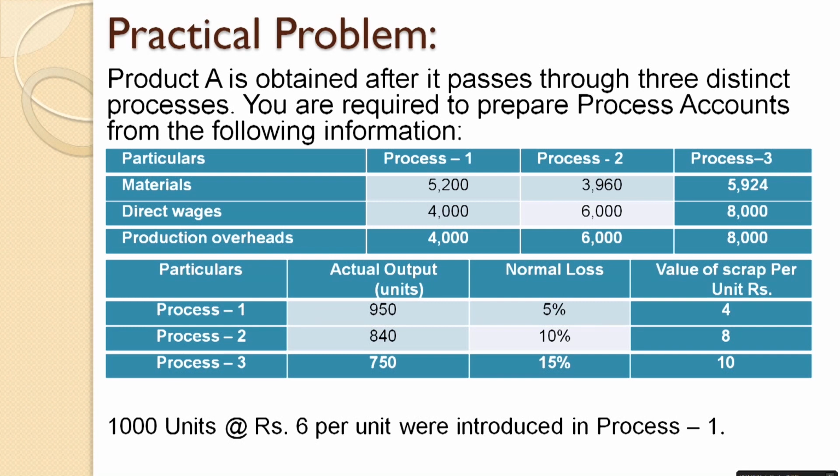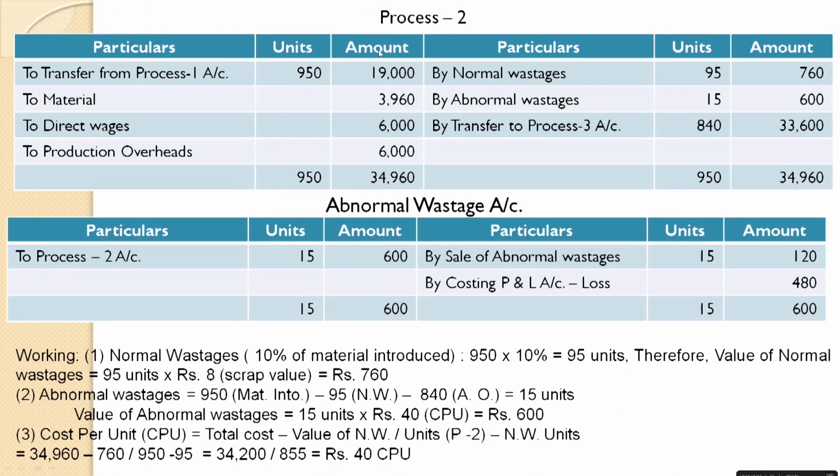So all these three expenses are incurred in process 2, and they are going to be recorded in the process 2 account debit side. Now see here, material is 3,960 on the debit side, direct wages is 6,000 and production overhead is also rupees 6,000. So this is what we find out from the information in the question.